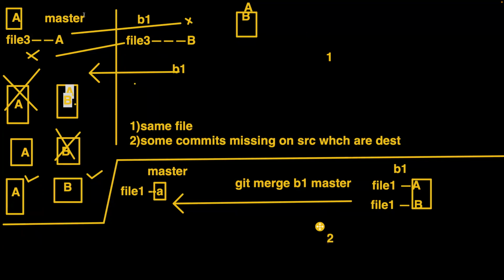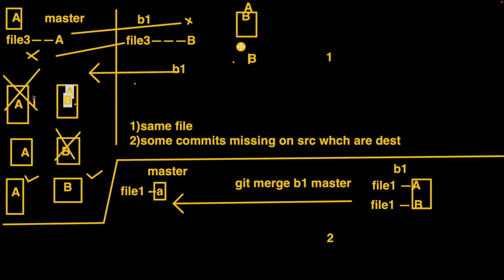So basically, I'm repeating once again, summarizing the things. The first use case is like, let's say you made some changes on master, like file 3, you made commit A. That is not present in B1. Later on, you are making some changes on file 3 as a commit B. Now you are integrating them. You are bringing changes from B1 to master. At this point of time, B1 is having only commit B. So it will try to put that B into master, means it will try to override this one.